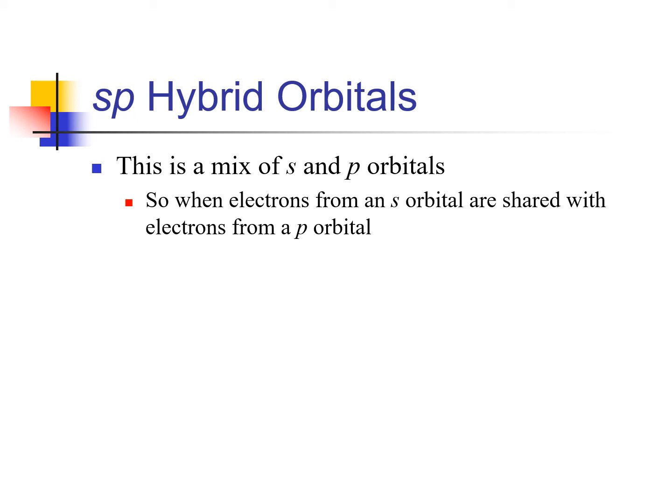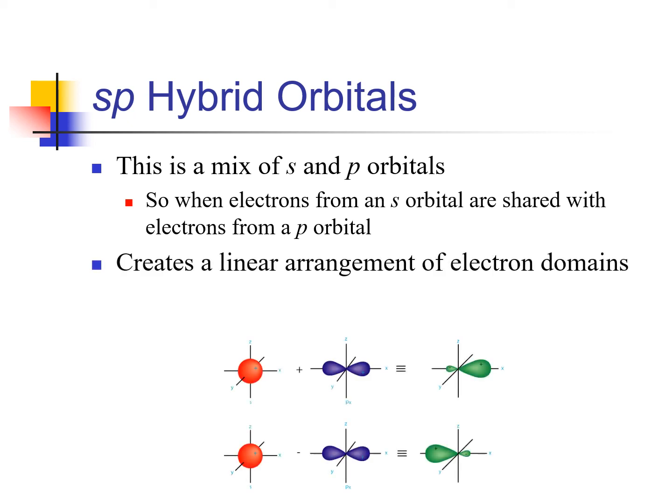So it forms when an s orbital is hybridized with a p orbital. And we get 2 things that look like this in opposite directions. There's that kind of bowling ball shaped thing. And they are spaced so that they are pointed 180 degrees away from each other, which is the direction we see for linear electron domains.